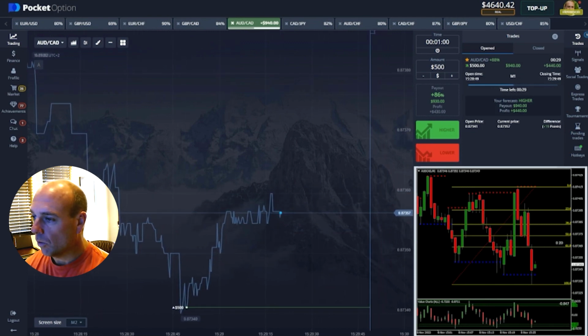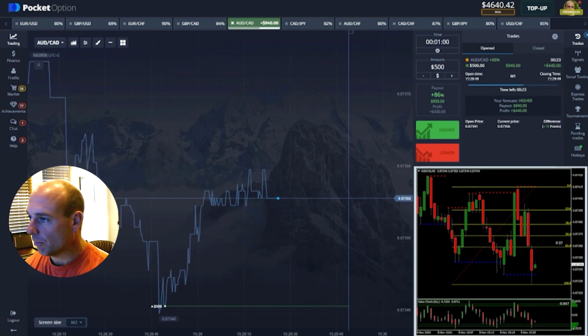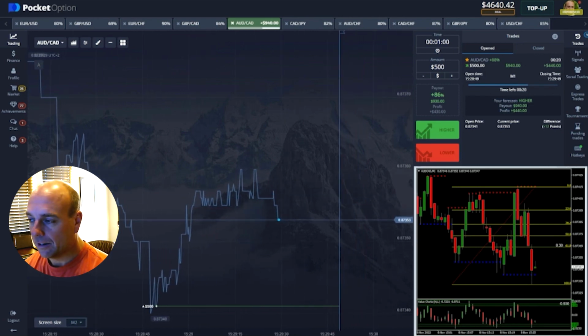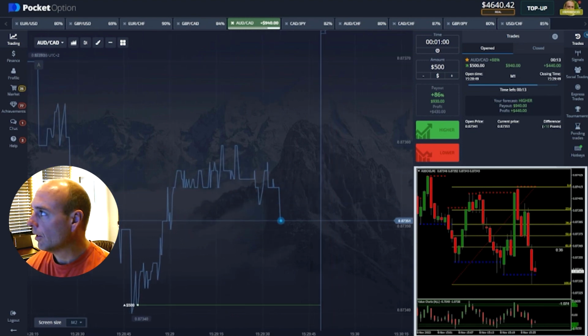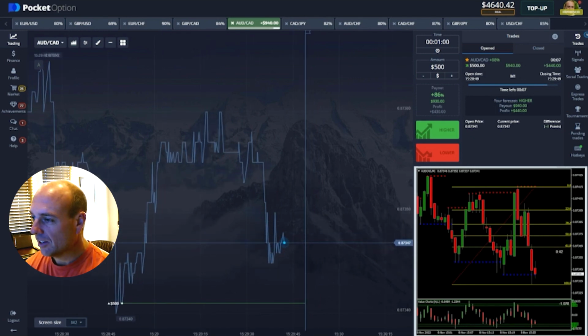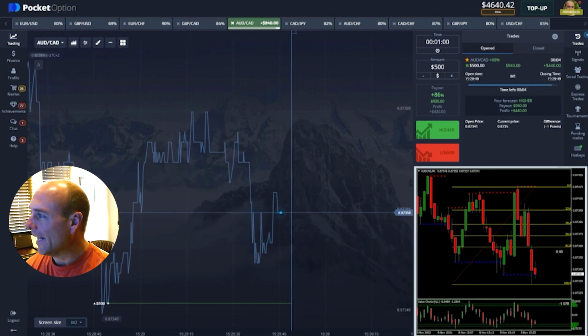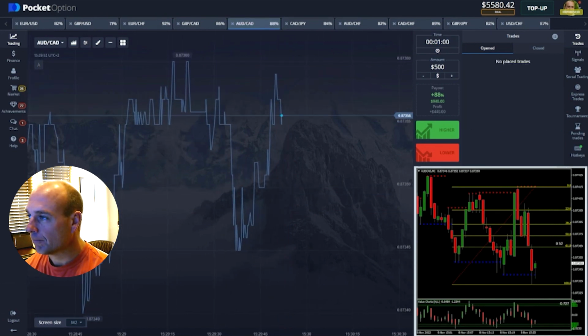So it actually does move back up nicely above that support area, and looks like it's going to cruise in for another first entry win. It does try to retest, but is unsuccessful, and we make $440 on that trade.